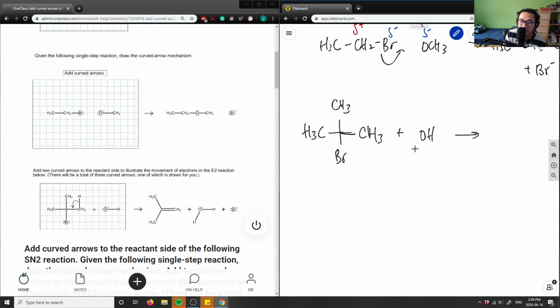So negatives would be, this is a negatively charged nucleophile here, and my bromine here is negatively charged, which means my carbon here is partially positive, right? I was going to do this in red. My bad.